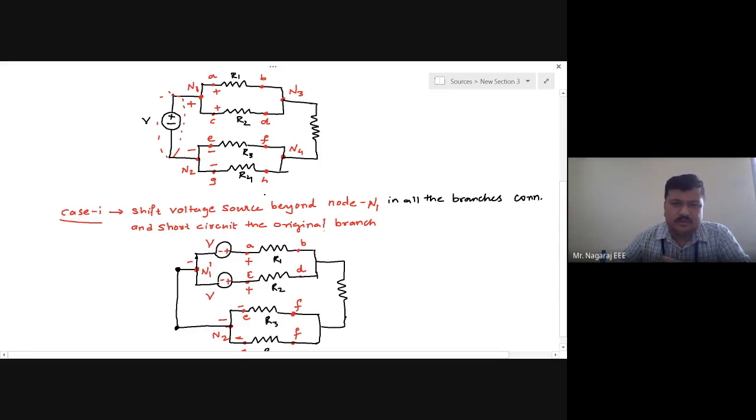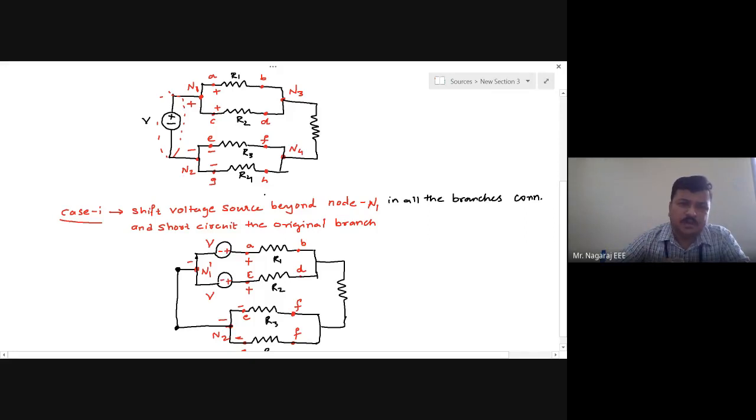So this node, which is connected to the source of V volts, is acting as a source to R1 and R2. Simply, I have replaced it with a source. That's it.